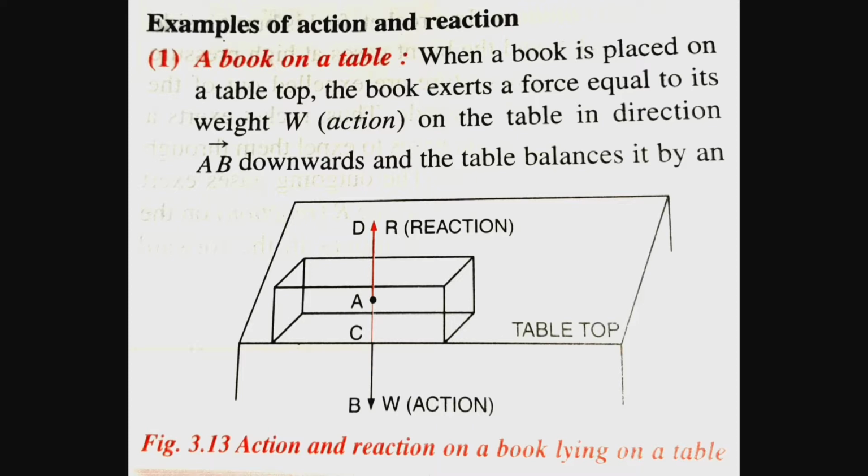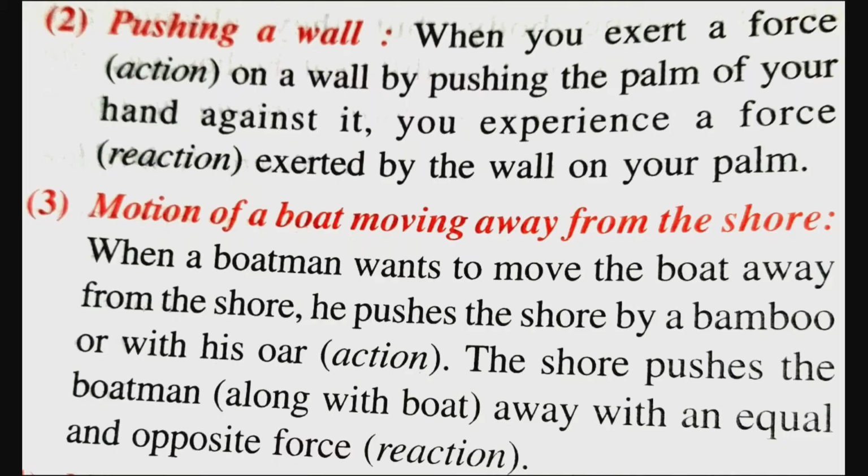So this is one example of Newton's third law. The second example, pushing a wall. When you exert a force on a wall by pushing the palm of your hand against it, you experience a force exerted by the wall on your palm also, right? That means if you're pushing the wall, this is the action, and the wall is creating a counter reaction on your hand. So this is due to Newton's third law.